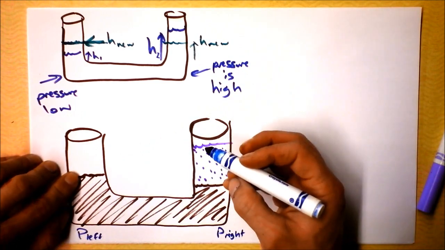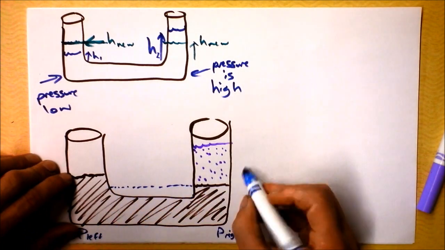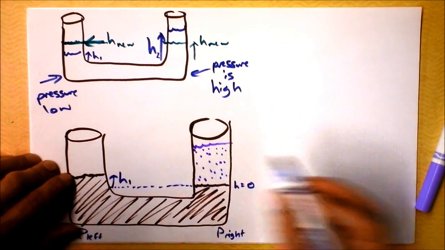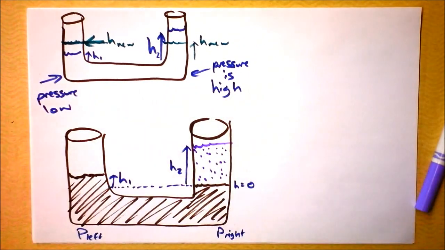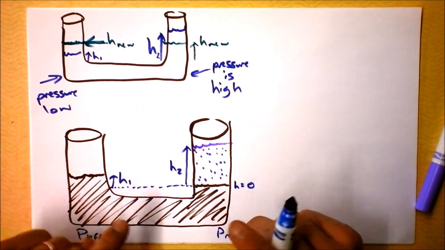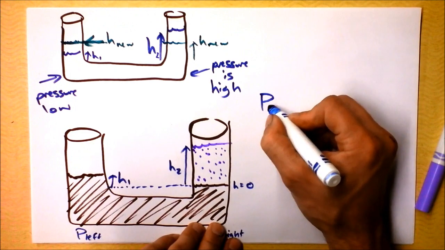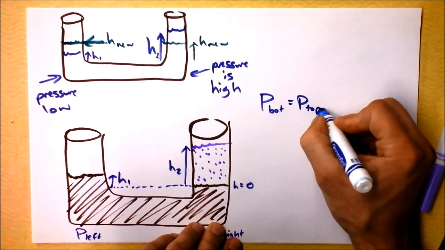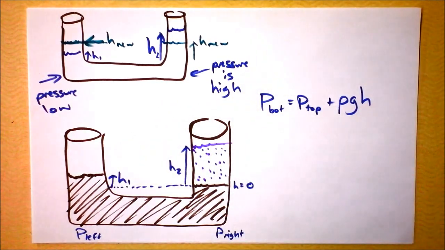I'm going to call this the 0 level, right here. This is h equals 0. So this I can define as h1, and this I can define as h2. These two heights are different because, remember, pressure at the bottom is pressure at the top plus rho g h.